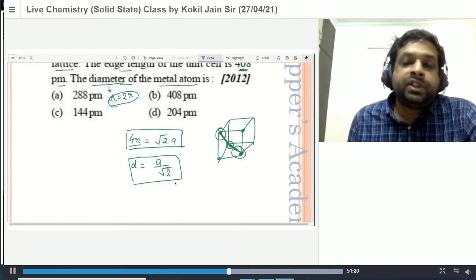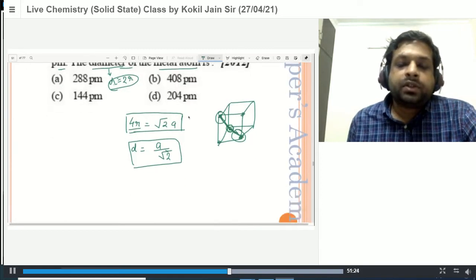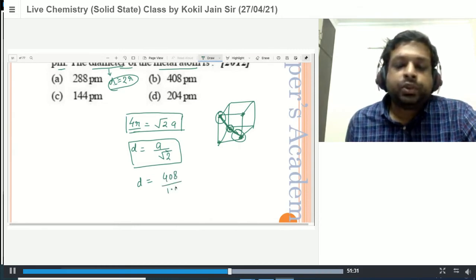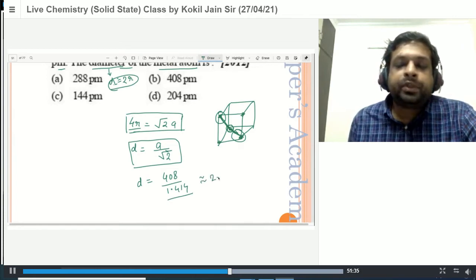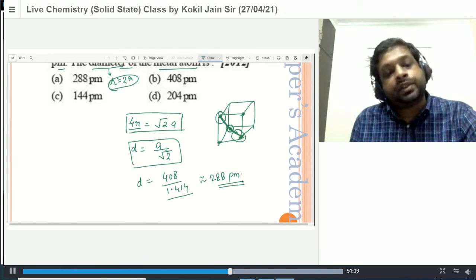Now a has been given to us as 408 picometer. 408 picometer divided by 1.414, you will get almost equal to 288 picometer. This would be your answer here.